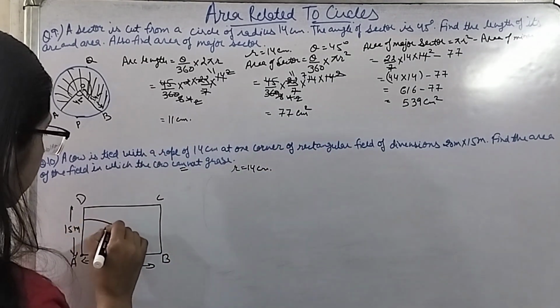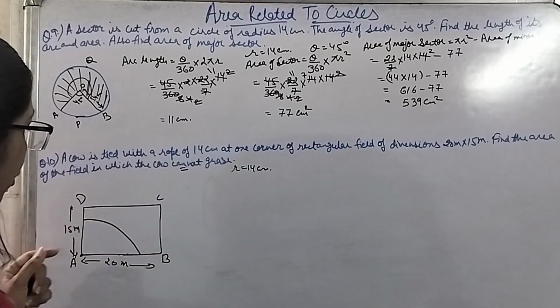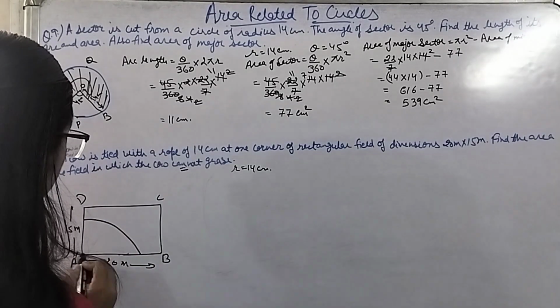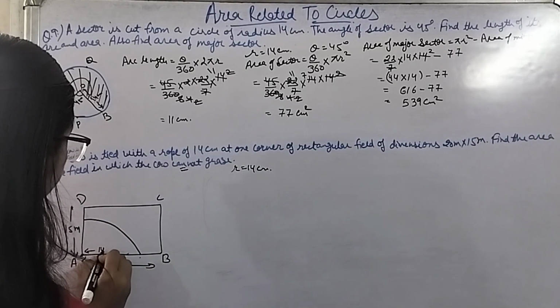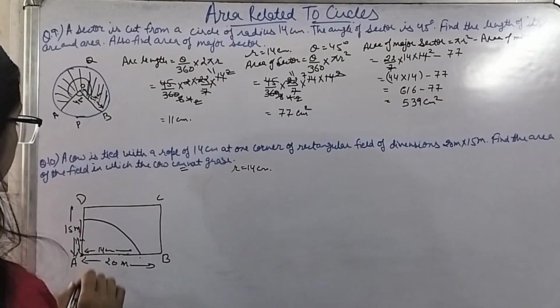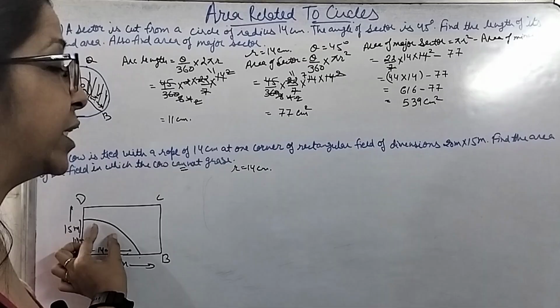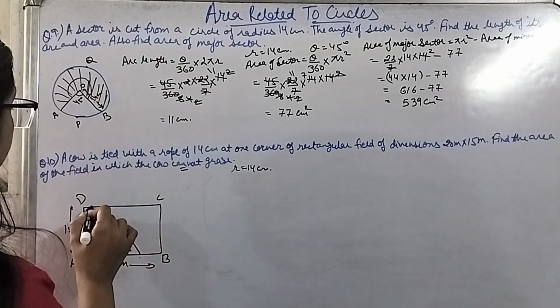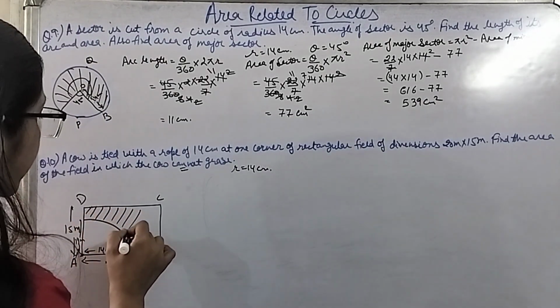So this much distance it can cover. From here to here it is 14, and from here to here it is 14. This much of the area the cow can graze. Now this is the area which the cow cannot graze, and it is the required area.